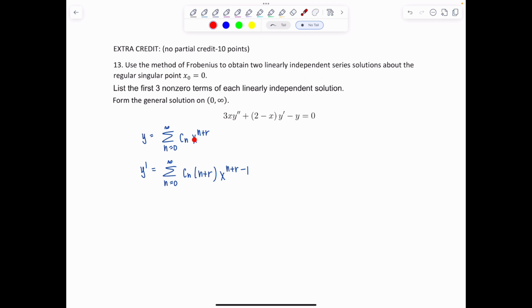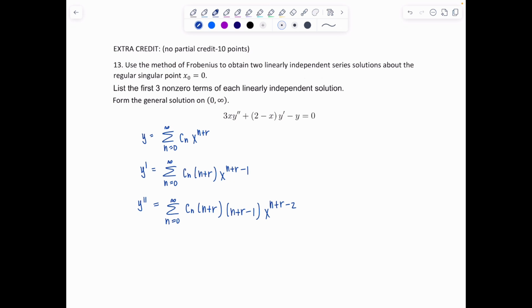Because you have x to the n plus r, when you differentiate, you don't lose that first term. It's not a constant. So the index does not shift when you differentiate. And then y double prime is the sum n equals 0 to infinity c sub n times n plus r times n plus r minus 1 times x to the n plus r minus 2.